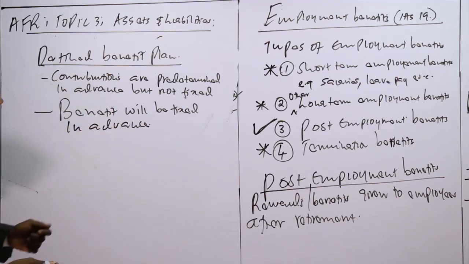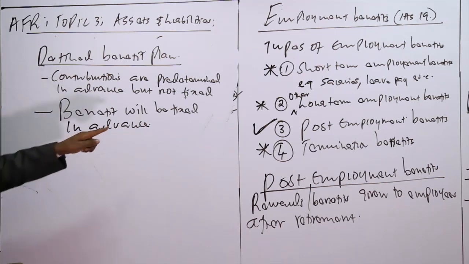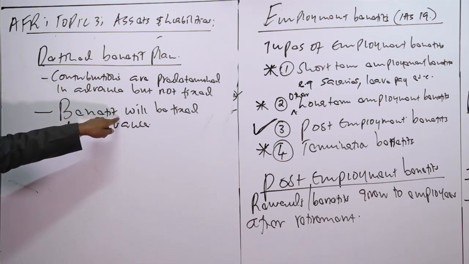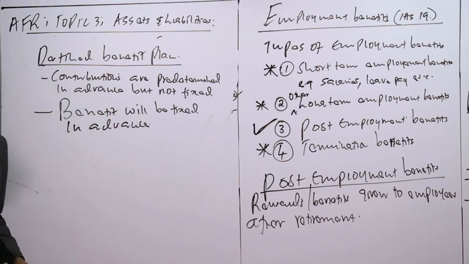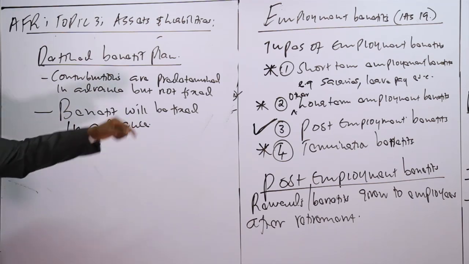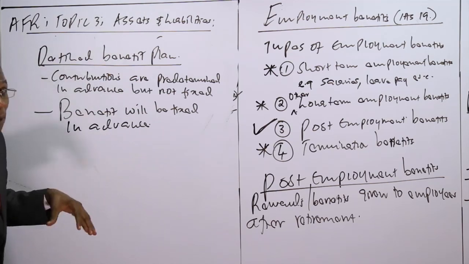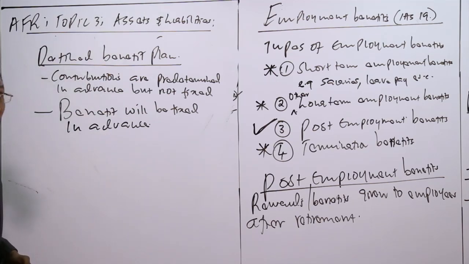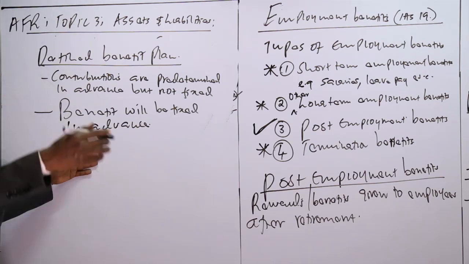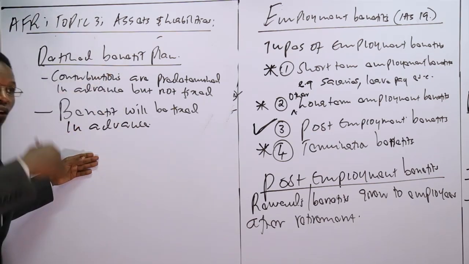Now, yes, we have an advantage with the defined benefit plan as an employee, but one of the disadvantages to the employer is that at some point, you'll be required to increase the contributions in order to ensure that the defined benefit that was predetermined in advance has been achieved. If there's a shortfall, then you'll be required to increase your contributions.